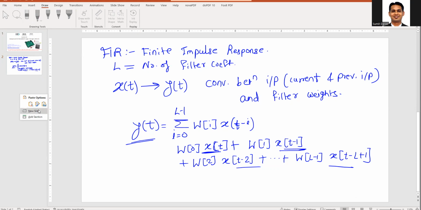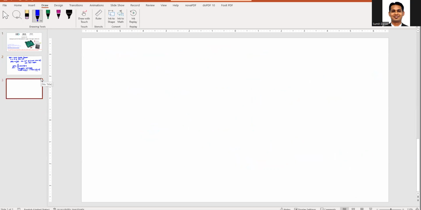Now graphically, how does it look? You have the shift registers. Assume that I'm considering a filter of length 5, so there will be 5 MAC operations. This is the shift register.